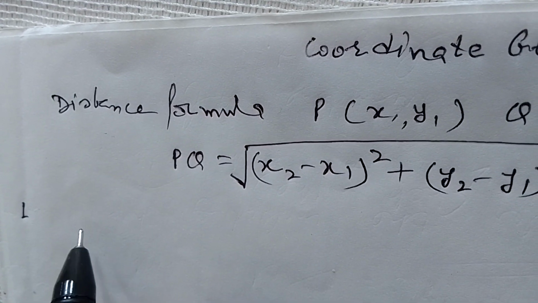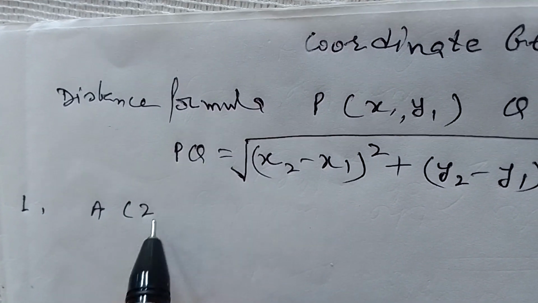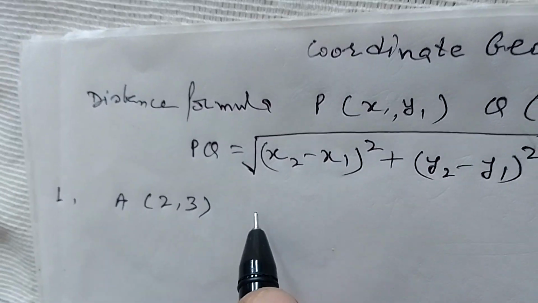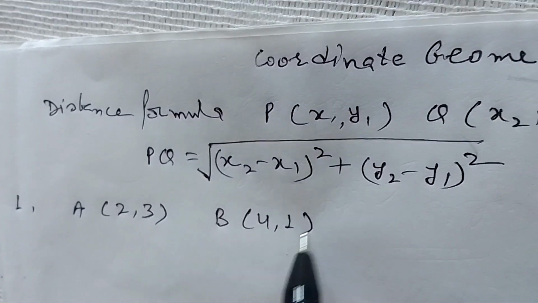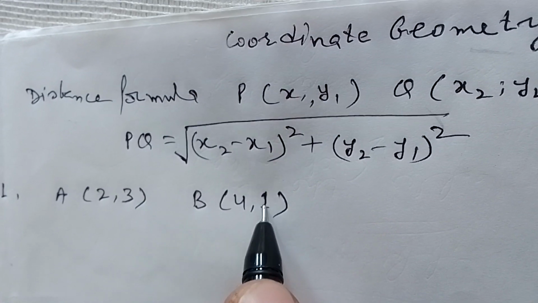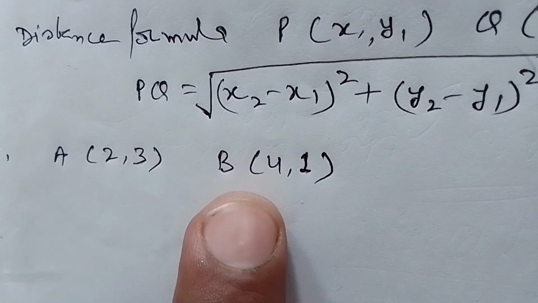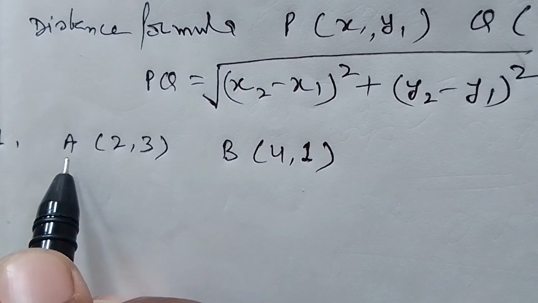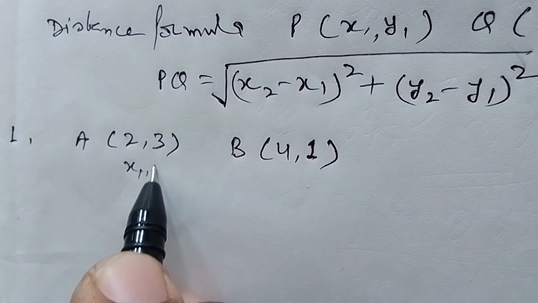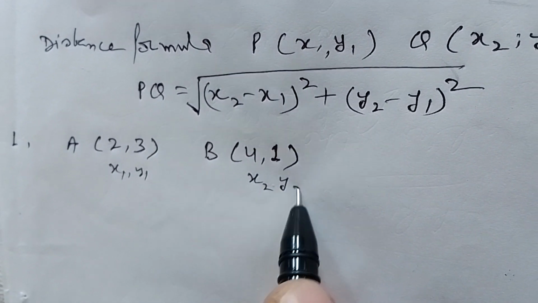Two points are given. Suppose the first point A has coordinates 2 and 3, and the second point B has coordinates 4 and 1. We have to find the distance between this pair AB. We can consider A as x1, y1 and B as x2, y2.